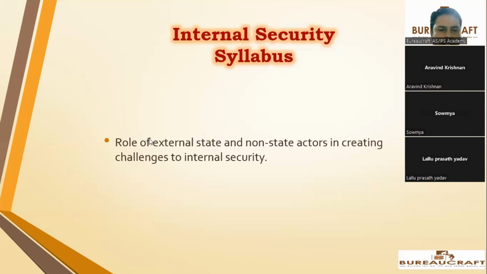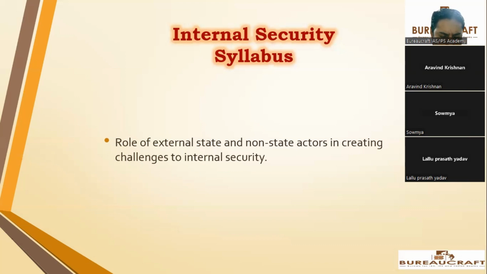Now, they're asking about the role of external states, countries, and non-state actors, which means terrorist organizations, international NGOs. Sometimes, by giving false reports on India, they may create internal security problems. But sometimes the report may be correct, but it is not appropriate to be released at a particular time.